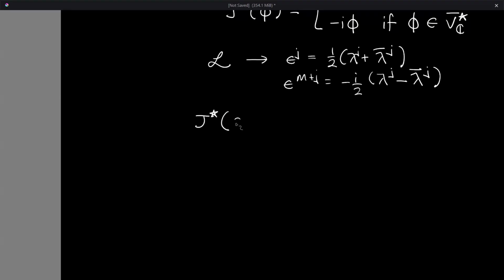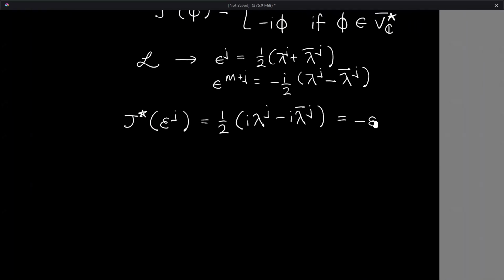If we apply J star on epsilon j, what happens? We get half of i lambda j minus i lambda bar j. That gives us minus epsilon m plus j, and J star acting on epsilon m plus j equals minus i by 2 of i lambda j plus i lambda bar j.